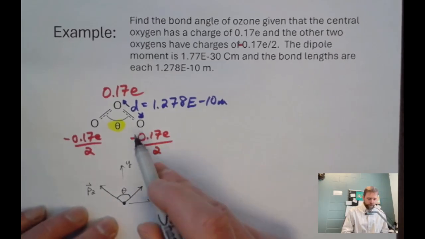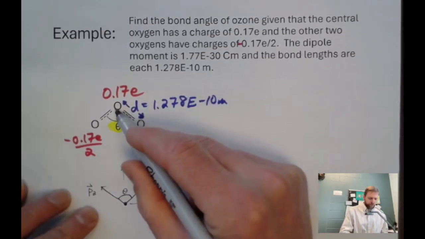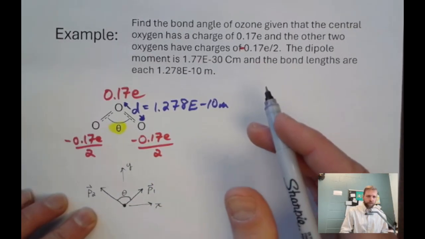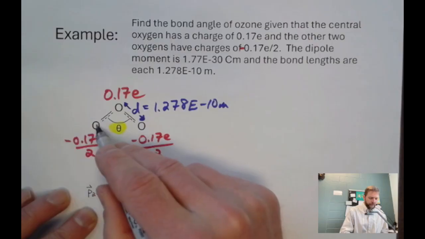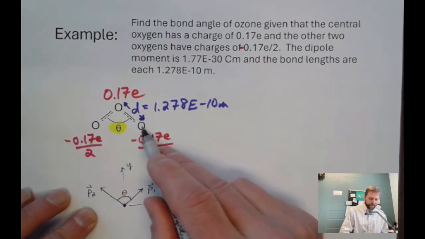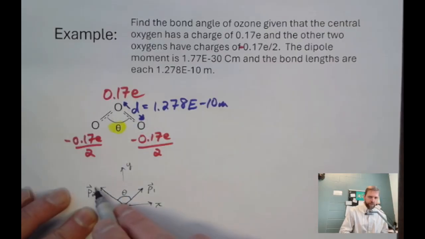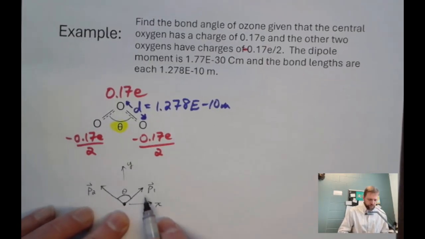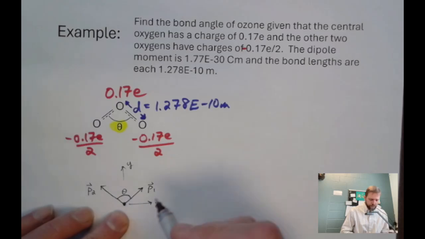These are the two vectors, and remember, the convention is that the electric dipole points from negative to positive, so that's in this direction, which is P1, and in this direction, which is P2. Now this is an illustration of the vector problem that we need to solve.